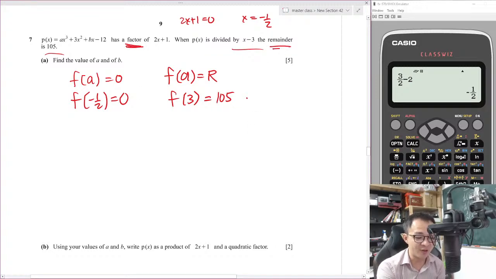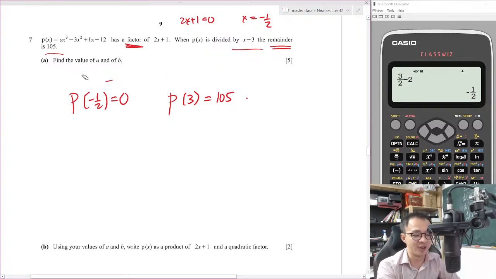You see this one, I have the remainder, then I will use another one. So if you understand, then the rest will be just simultaneous. Since here it is p(x), don't use f, use back the p. This formula you don't need to write. Then I will insert my value, negative 1 over 2, into here.